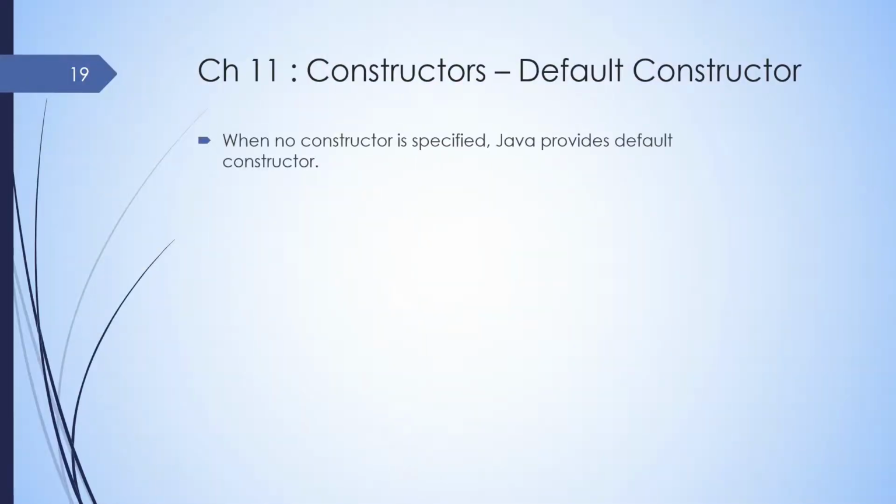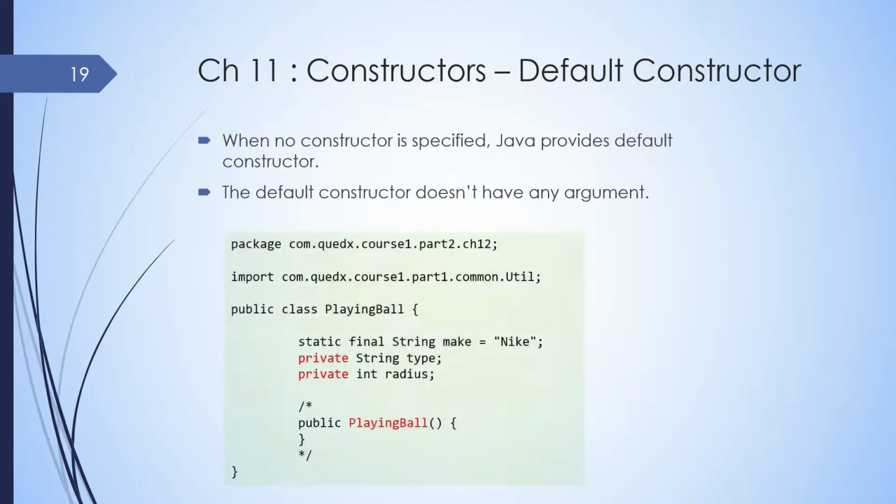When no constructor is specified, Java provides the default constructor. The default constructor doesn't have any arguments. So here is the example of the PlayingBall class. Here we don't have any constructors, but we are still able to create an instance of this class by using the new operator.